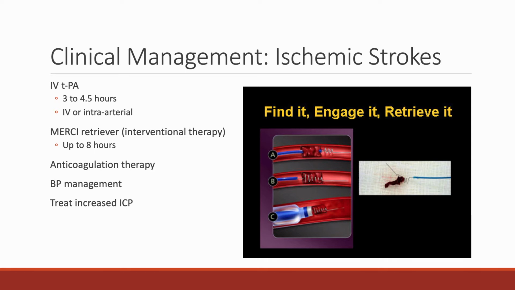If it's a relatively small area that the patient should be able to recover from without a whole lot of trouble, sometimes watchful waiting is okay. But it's hard not to be aggressive in young people, right? And in that case, we oftentimes want to give TPA and just hope and pray that they don't have any hemorrhagic conversion.